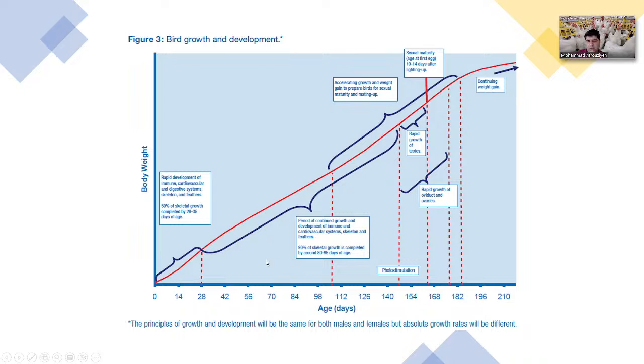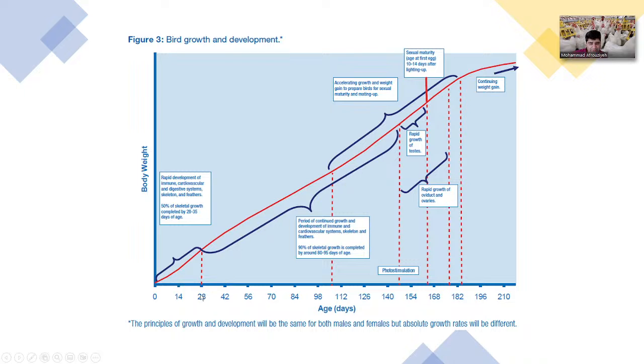That's this growth curve. As you can see, until 28 days of age is the rapid development of the immune, cardiovascular, and digestive systems, skeletal system, feathers, and 50% of skeletal growth is completed by 28 to 35 days of age.